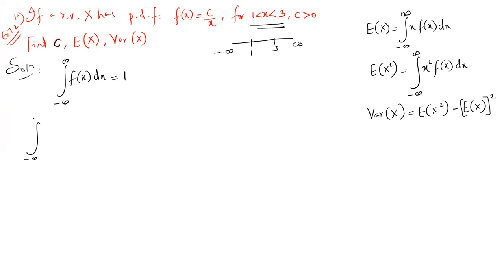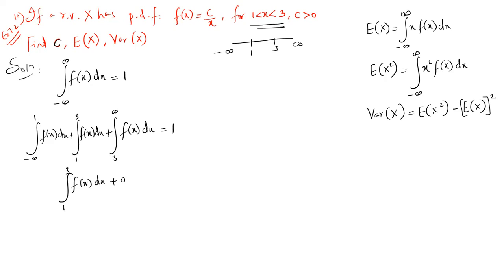So minus infinity to 1, 1 to 3, and 3 to infinity of f(x) dx should be 1. The addition should be 1. The first and last part will give me 0.